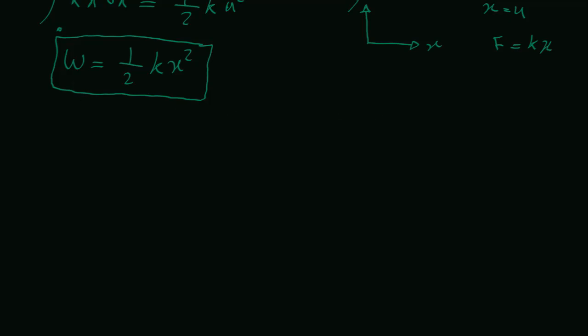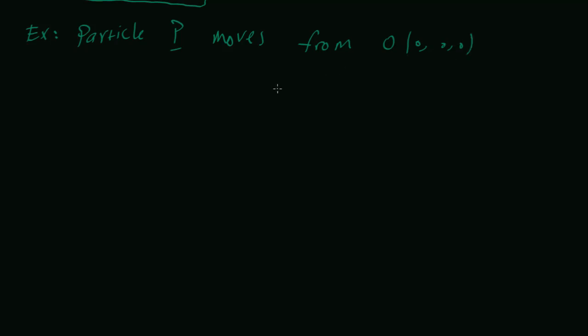Let's solve another example here, kind of like a 3D example. So particle P, another example. Particle P moves from point O, 0, 0, 0, the origin, to point A, which is 1, 1, 1.